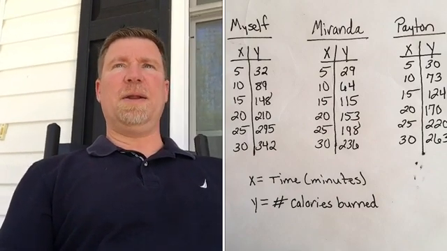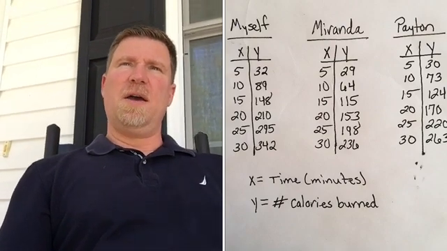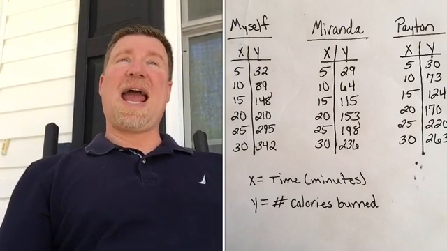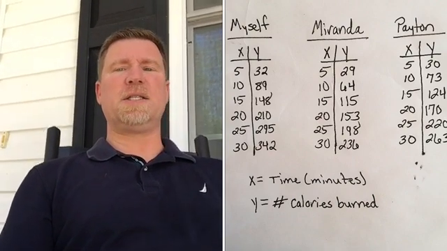X being the independent variable and Y being the dependent variable, because the amount of calories we burn depends on how long or how many minutes that we stay on the treadmill. And it's not a treadmill, actually it's an elliptical machine, but it's pretty much the same.